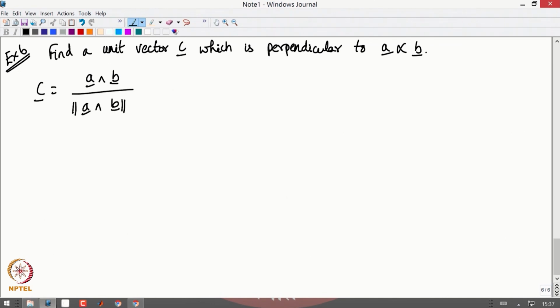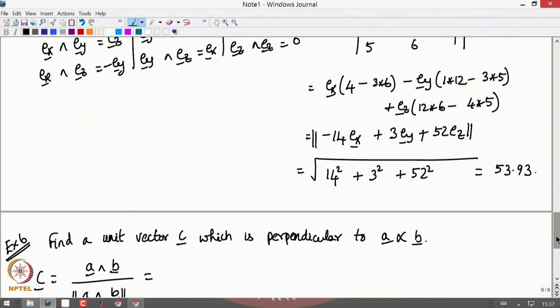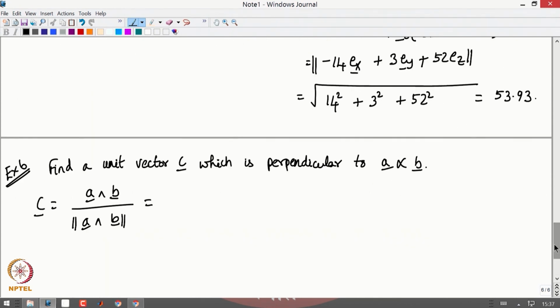A cross B gives a vector which is perpendicular to A and B, and the norm or magnitude of that vector makes this a unit vector. We saw in the previous example that A cross B is given by that expression.